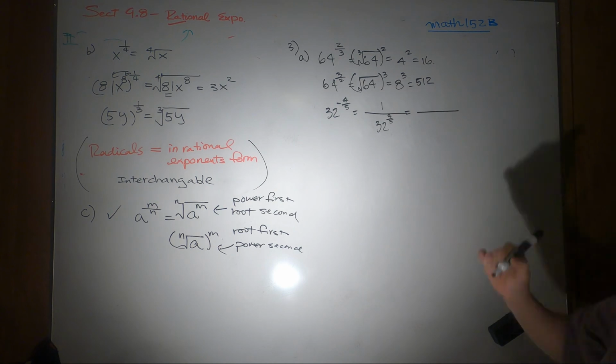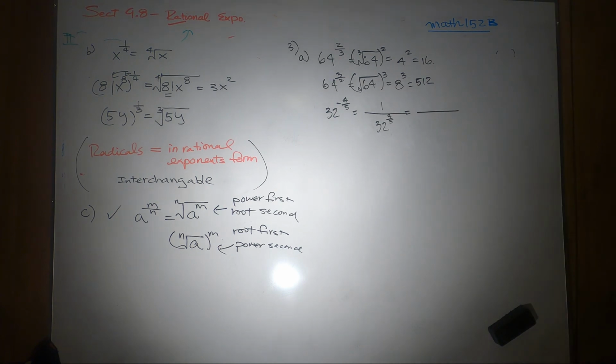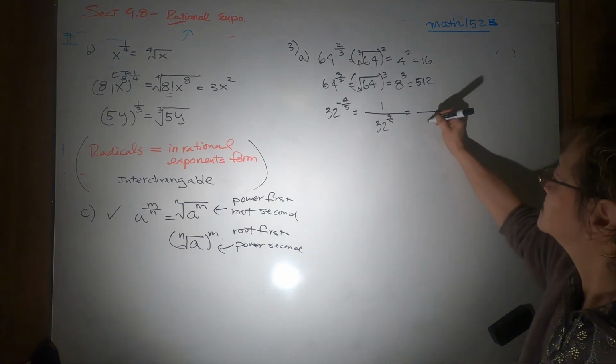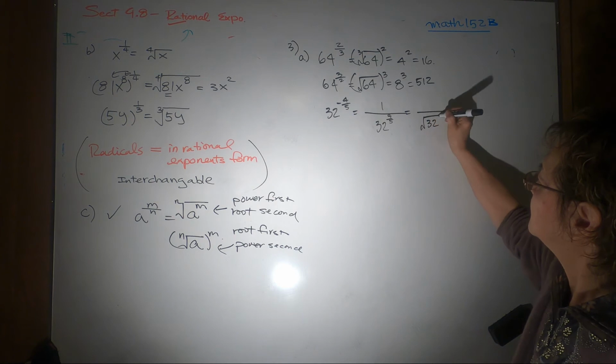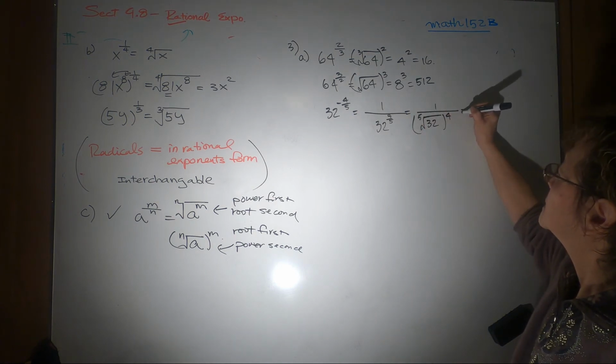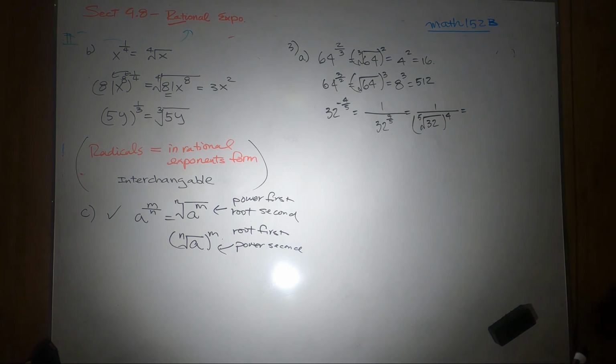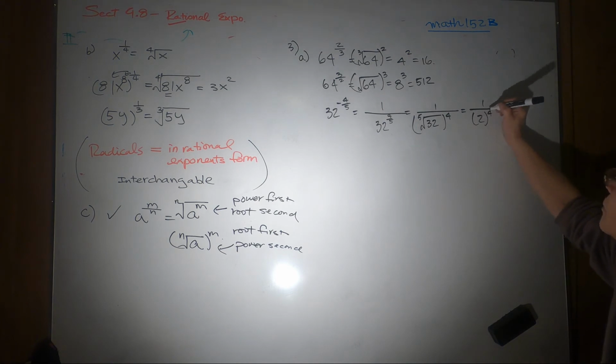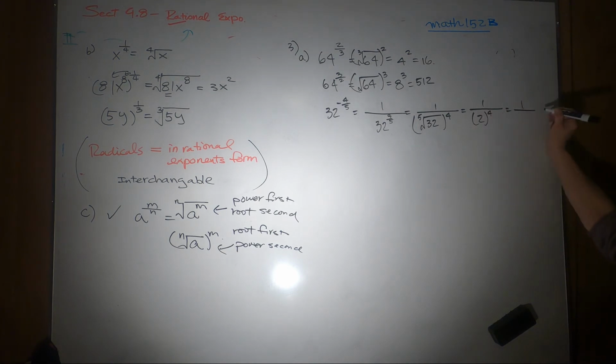Then for the rational exponent, we do what? Let's do the root first, if we can, the fifth root, right? Then do the fourth power, okay? So 32, the fifth root, you do your trees, that would be 2, 5 times. To the fourth power, that would be what? 2, 2, 2, 2, 16, right?